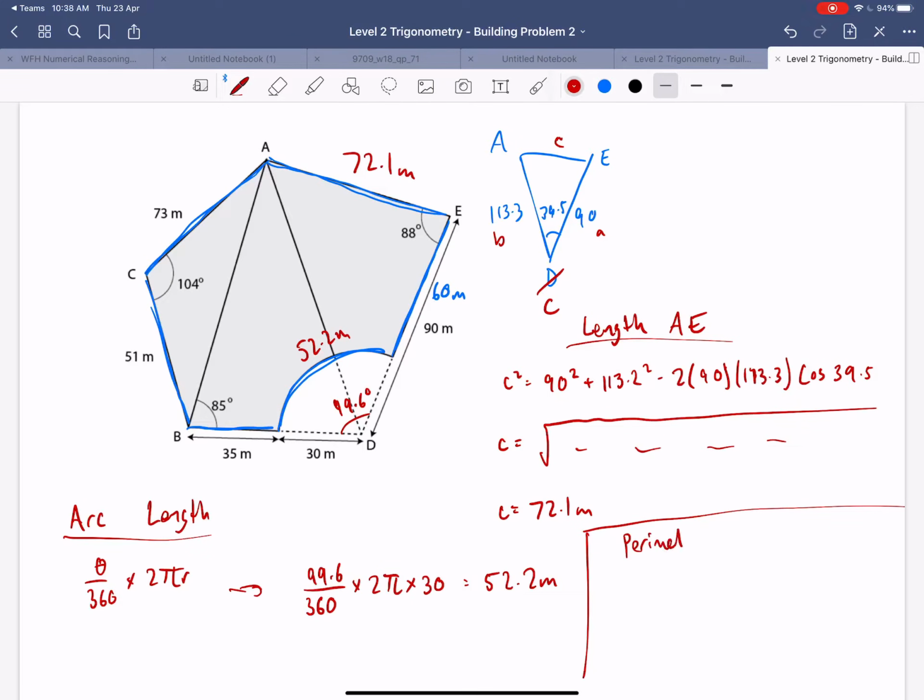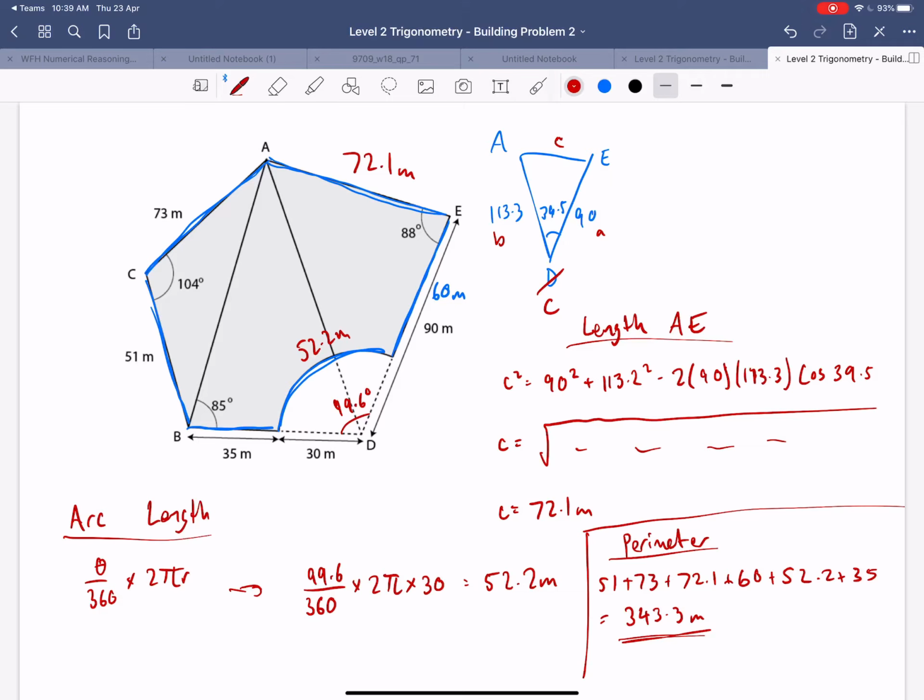So last job to find the perimeter is to add it all up. So the perimeter is going to be 51 plus 73 plus 72.1 plus 60 plus 52.2 plus 35, which is equal to 343.3 meters.